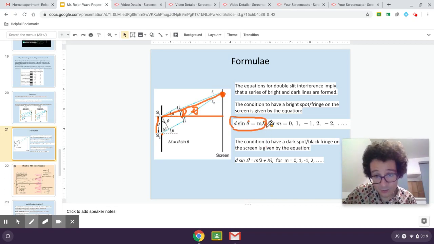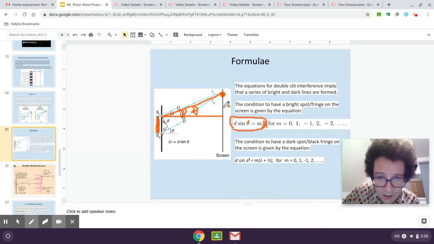And we're gonna have the wavelength, which is great. Now we're gonna be able to measure the wavelength just knowing this distance and the angle.